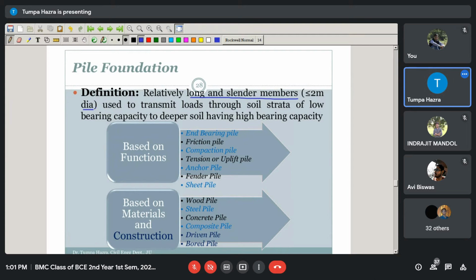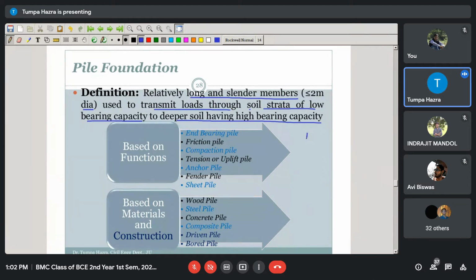And pile foundation may be adopted instead of the raft foundation when you will not find any bearing strata adjacent to the building. Okay, so by the pile foundations, the load is transmitted through a soil strata of low bearing capacity to deeper soil having high bearing capacity.